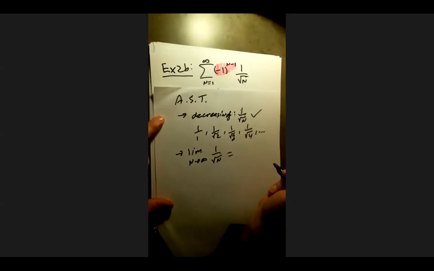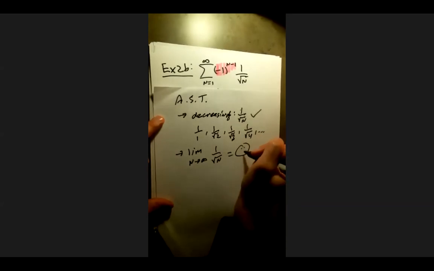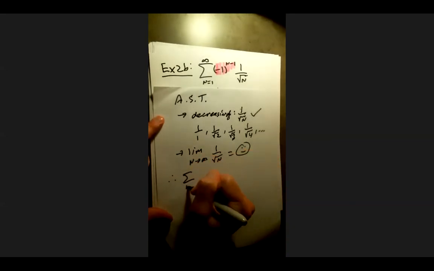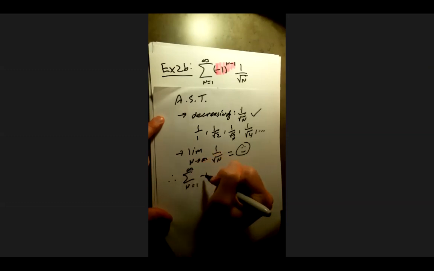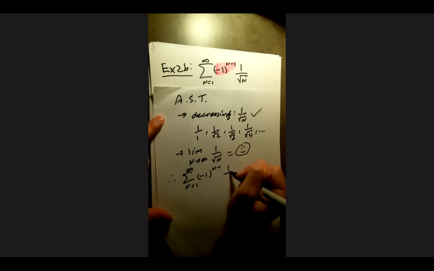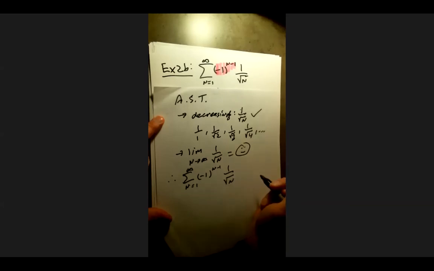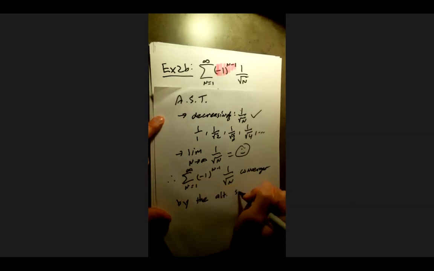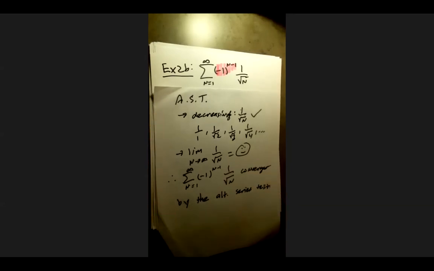What's that limit? 0. So therefore, the series from n equals 1 to infinity of (-1)^(n-1) times 1 over root n does what? Converges. By which test? The alternating series test. Very good.